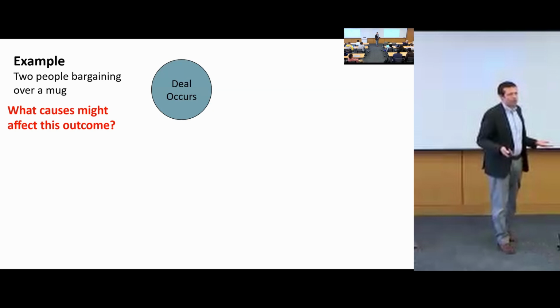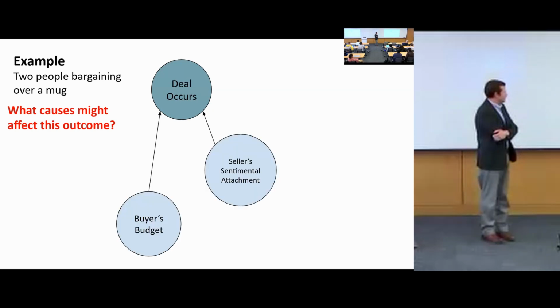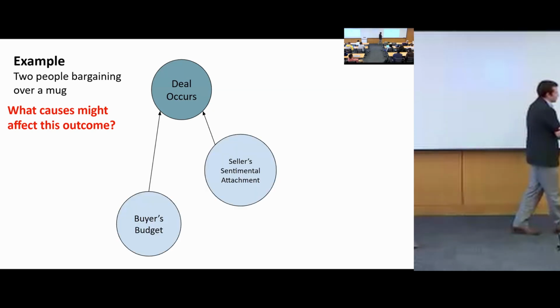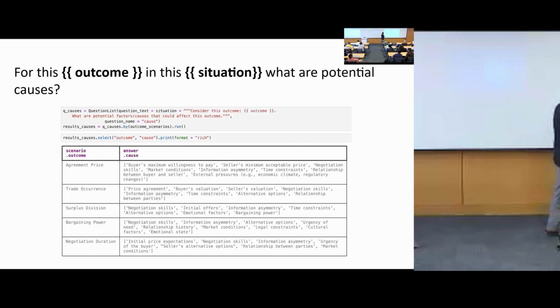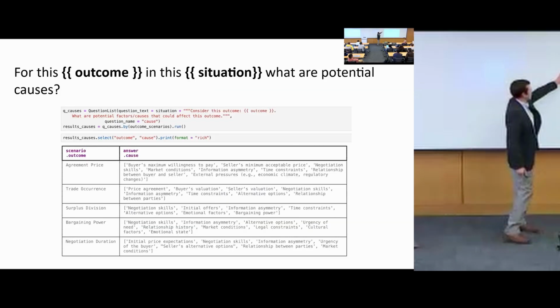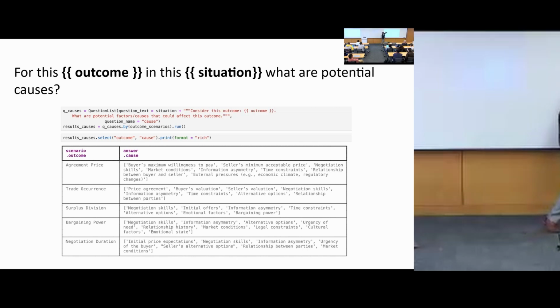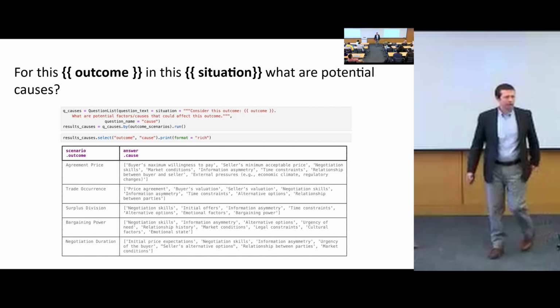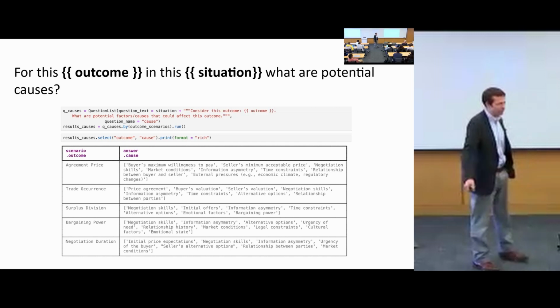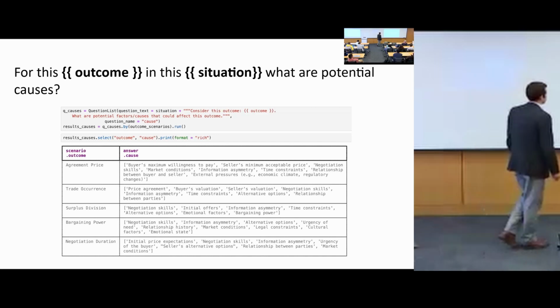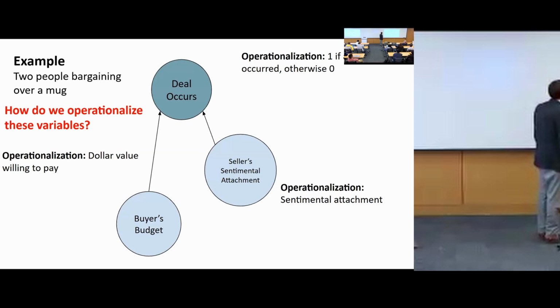It knows enough about our world that it's going to come up with non-crazy potential causes. Okay. So again, if you do this, in this situation, what are potential causes? You can see capable models will come up with lots of things that seem quite plausible, and you could point to papers that would investigate that precise thing.